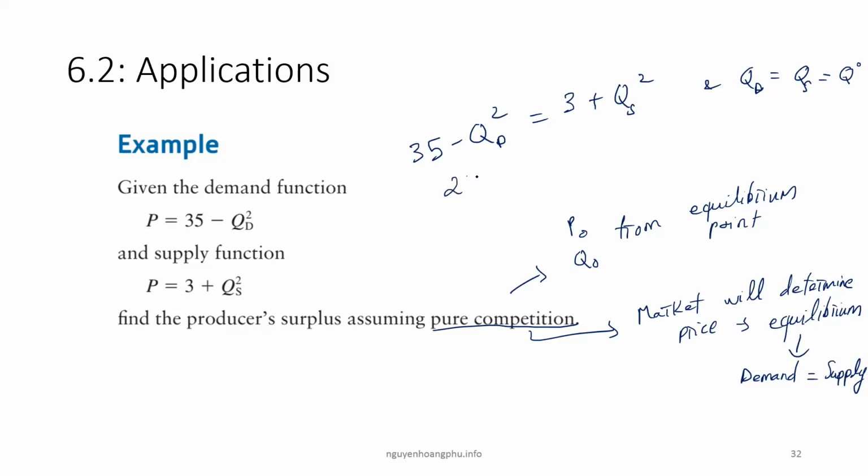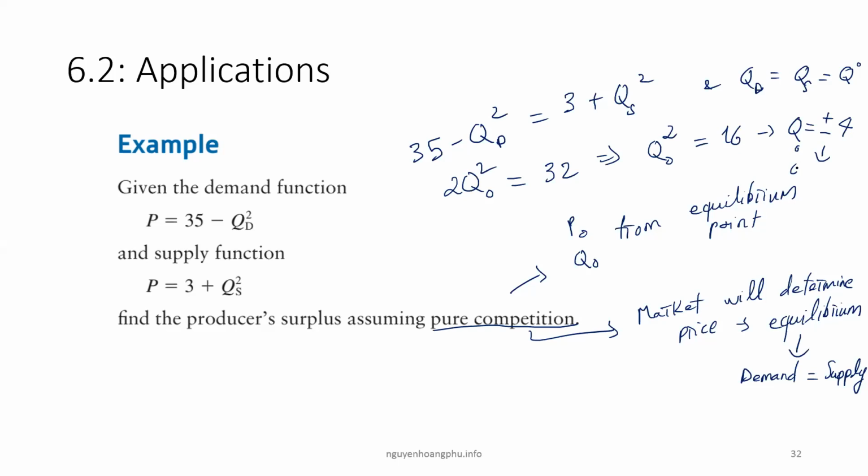So 2Q0 squared is equal to 32. So Q0 squared equal to 16. Therefore, Q0 equal to positive and negative 4. But remember, Q is quantity, it's always greater than 0.